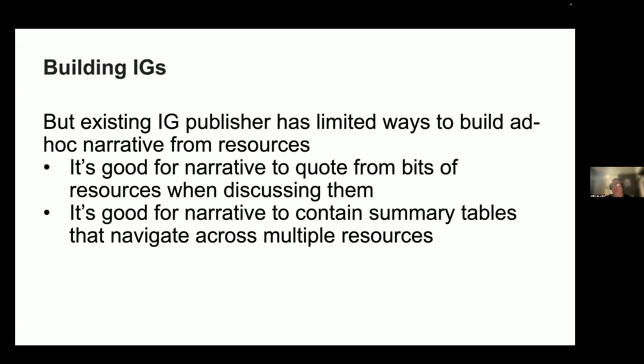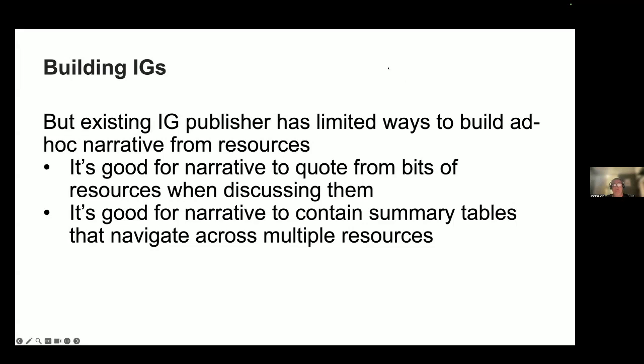And authors often want to mix and match and make up their own narrative, quote from bits of resources, or create summary tables that navigate across multiple resources to help the reader find what they're looking for. Now, I'm going to talk about the second part today and how I used SQL on FHIR to solve that problem.